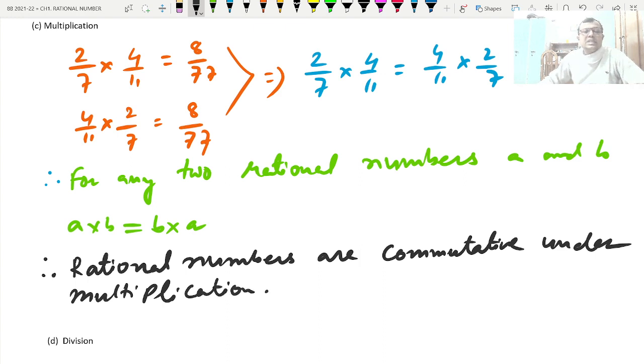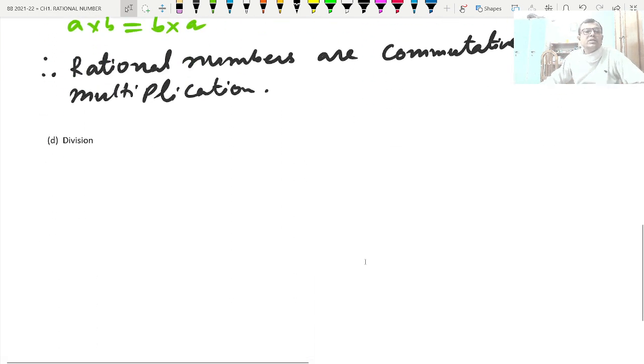So I think this is clear, right? If you multiply two numbers, whatever answer you get, you get the same answer if you multiply in reverse order. Well, now let us go to division.